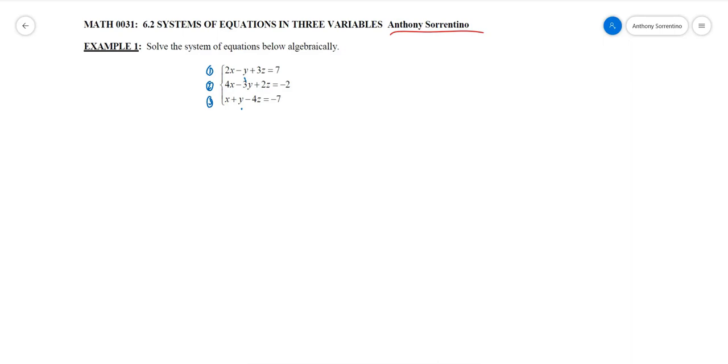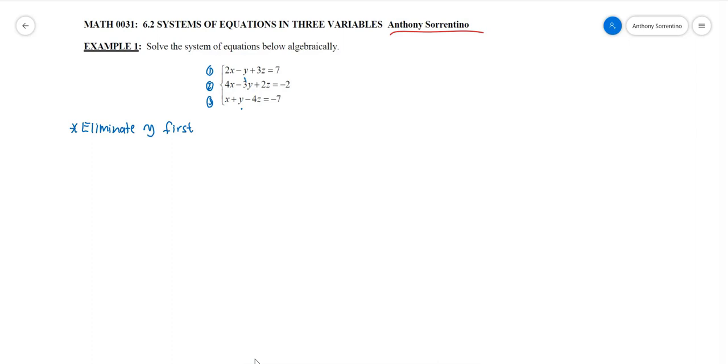And if I was dealing with the z's, I'd probably have a little bit more issues, because although the 2 does go into 4, 3 doesn't go into either one of them, and 2 doesn't go into 3, so there would be some more work to do if I tried to eliminate the z's. So I chose to eliminate the y's. So I'm going to eliminate the y first.